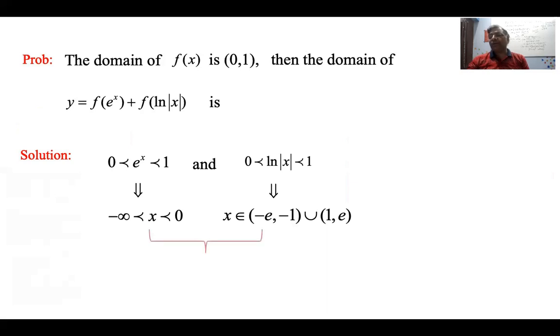And the common part of both of them will be just minus e to minus 1. That is the domain of the given function y is equal to f of e power x plus f of log mod x. In that interval only, y can be defined. So that is the solution. Let us see the next problem.